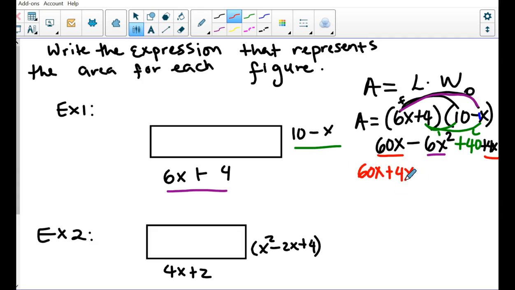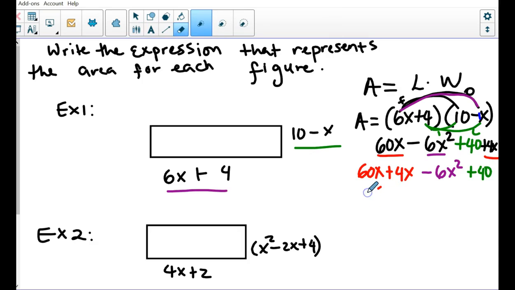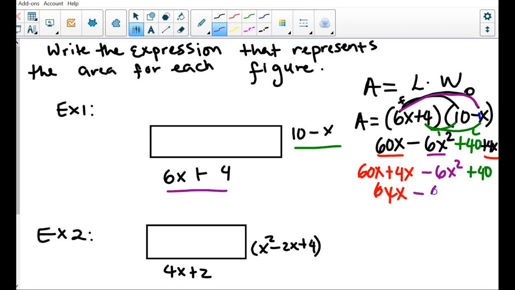And then we have minus 6x squared, that's the only one of it. And then my plus 40 comes down. So 60x plus 4x is 64x. So we end up with 64x minus 6x squared plus 40.